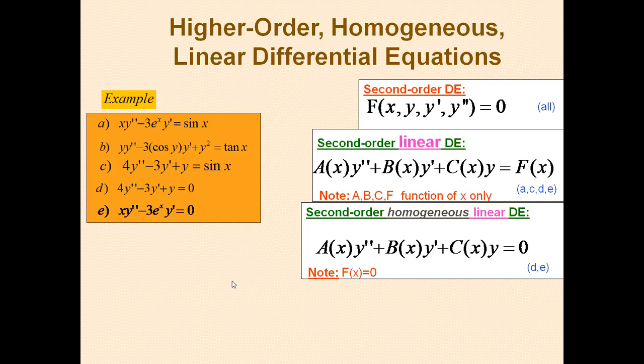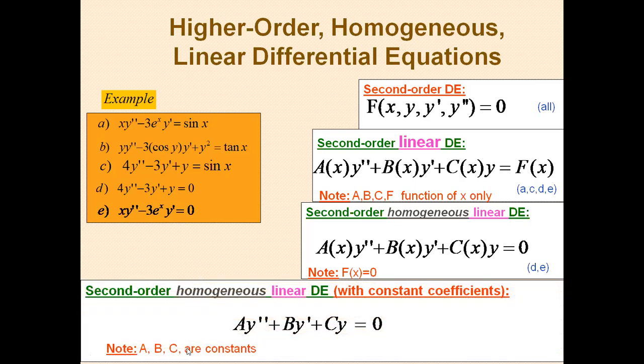Okay, now next. Second order, homogeneous, linear, with constant coefficients. So you see here, A, B, and C should be constants. So which of the following is under this category? It has constant coefficients, it is linear, and it is homogeneous.